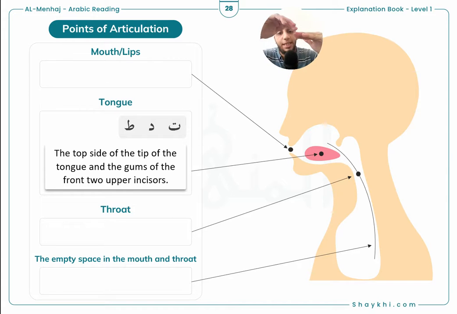So the top side of the tip of the tongue. If we divide this tongue into three main parts, we have the head part, which is the first part, the middle part, and the back part. So the tip of the tongue is the first part of the head part of the tongue.